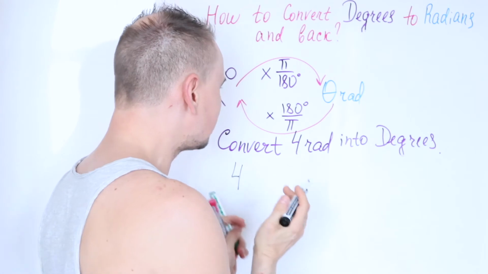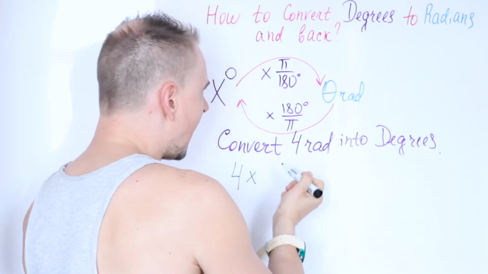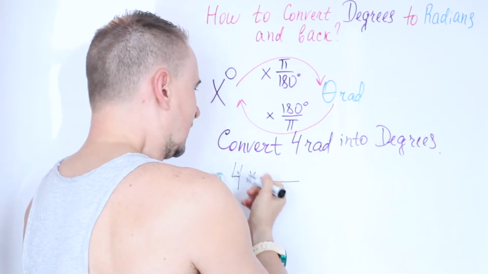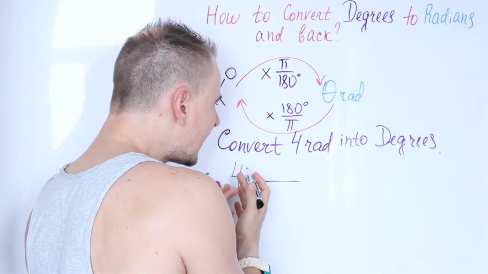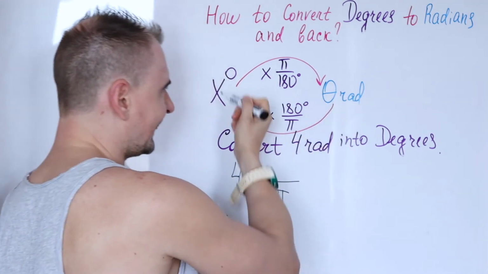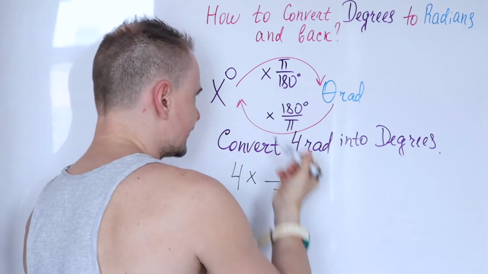You want to multiply this 4 by that conversion factor, because even if you don't have that pi in your number, you still want to go in this direction, from radians to degrees.